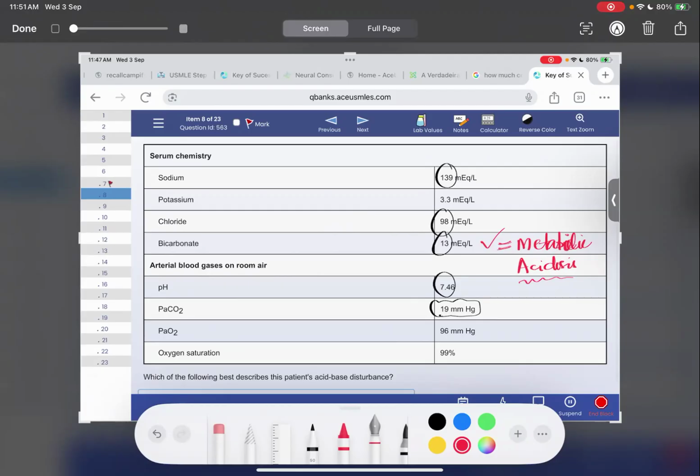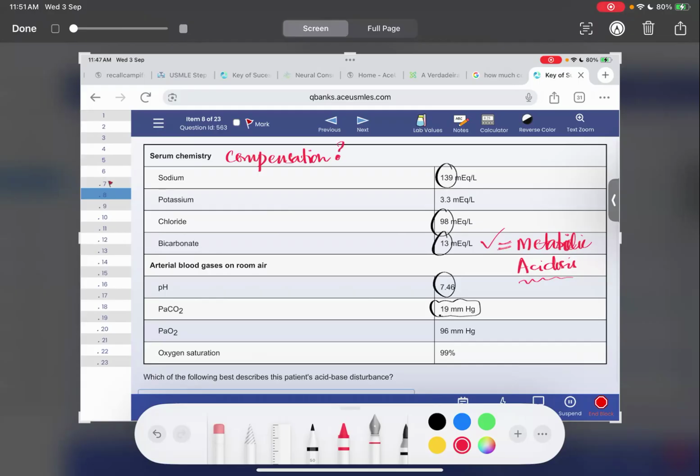Any question, please? So we were discussing why it's not compensation. It is not a compensation.